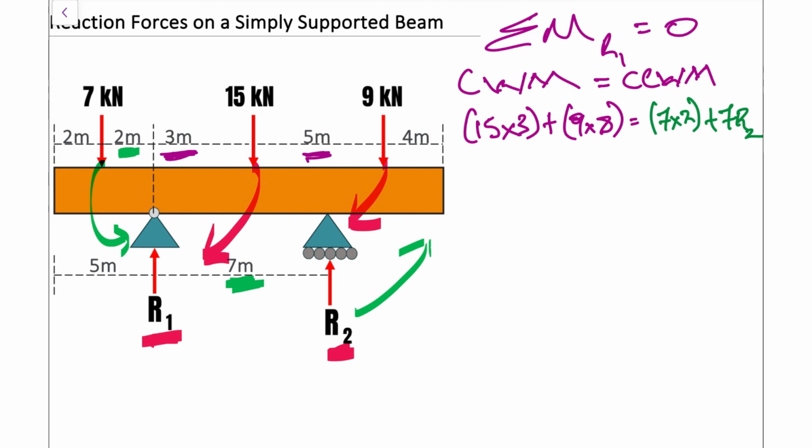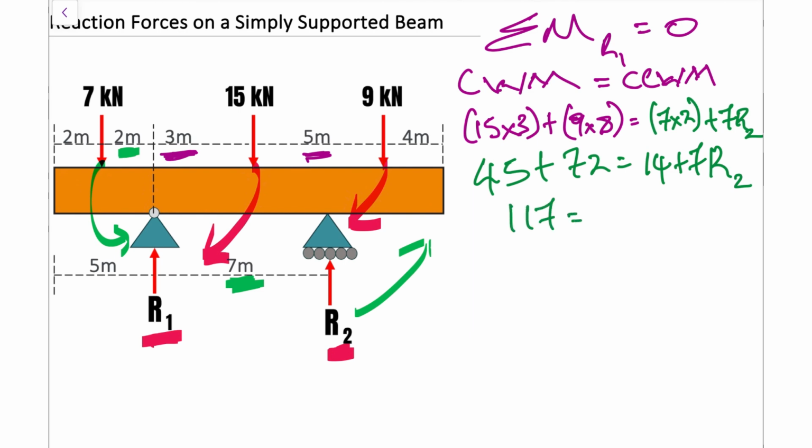So 15 times 3, that's our 45, plus 72, and that will be equal to 14 plus 7 times R2. So let's simplify a bit further before we solve for R2. So that will be 117 equals 14 plus 7 R2. So now we can go ahead and get what R2 equals.